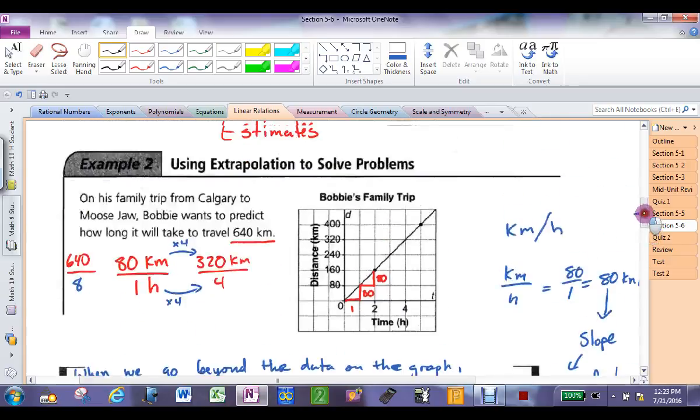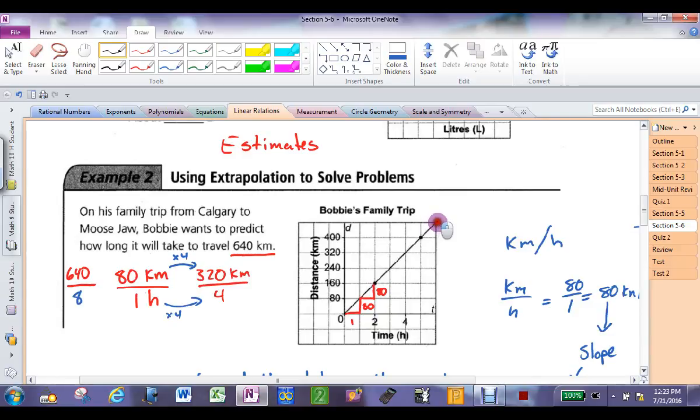What might happen at 480 kilometers and 6 hours? In reality, what could happen after I've driven 480K in 6 hours? I might run out of gas. Would time carry on? Yeah. Would my speed carry on? What if I stop at a gas station or a restaurant? We've been driving for 6 hours. Is my family going to want some pancakes?